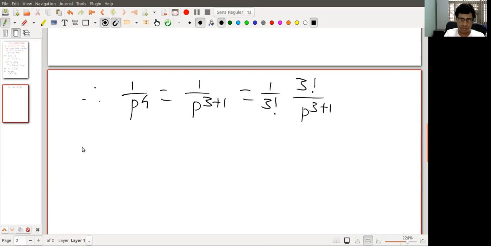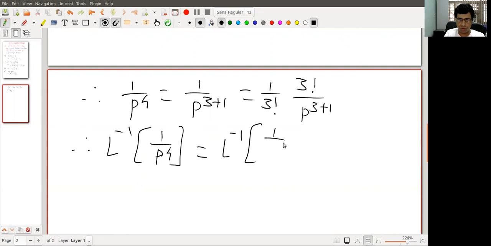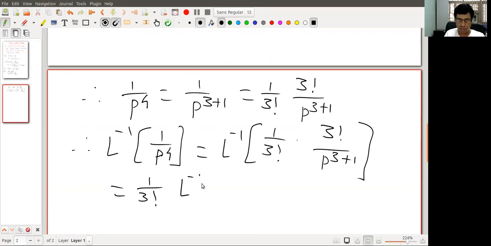And this is therefore L inverse of 1 upon p raised to 4 is L inverse of 1 upon 3 factorial into 3 factorial upon p raised to 3 plus 1. By linearity, we write this as 1 upon 3 factorial into L inverse of 3 factorial upon p raised to 3 plus 1.